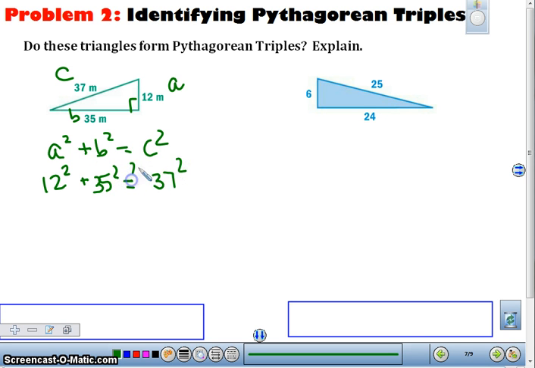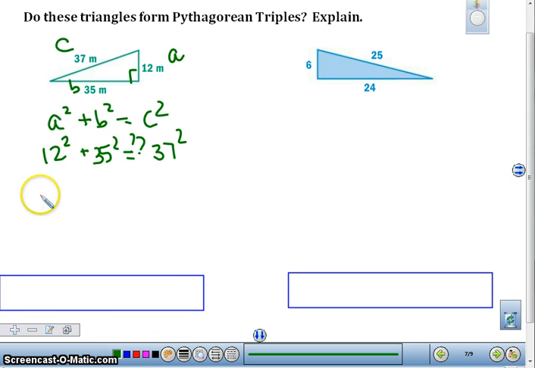And we are checking this, okay? So we are now going to put in our calculators if we need to, put in 12 squared plus 35 squared. And we're trying to see, is that equal to 37 squared? And in this case, 37 squared should give us a solution of 1,369.